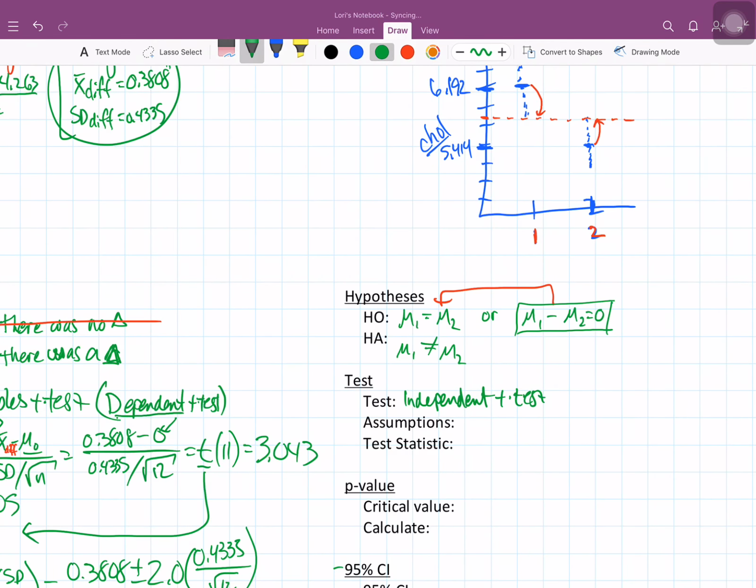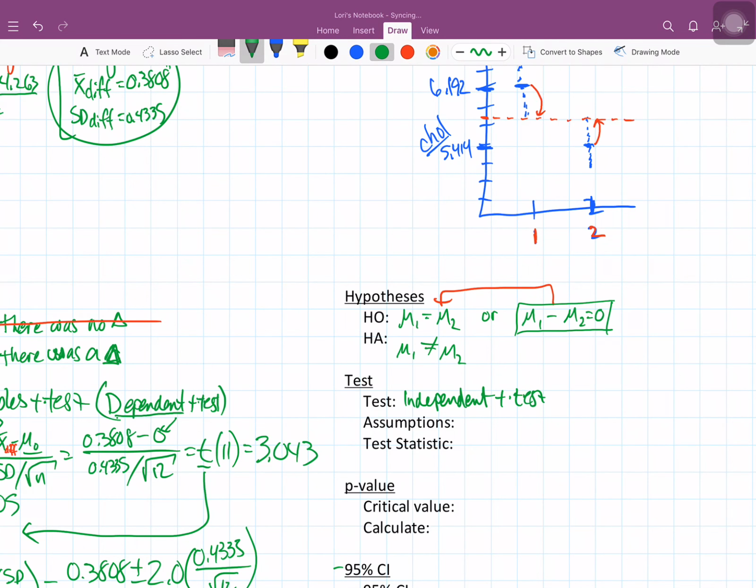Another name for it, and this is really important that you remember, is a student's t-test. Sometimes when you're taking multiple choice tests, they will say student's t-test, and this goes back to William Sealy Gosset. Remember, he wrote under the pen name Student. That was his writing name, and so they named this after him, the student's t-test.